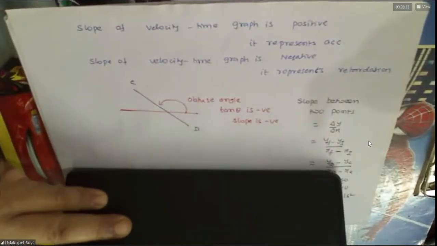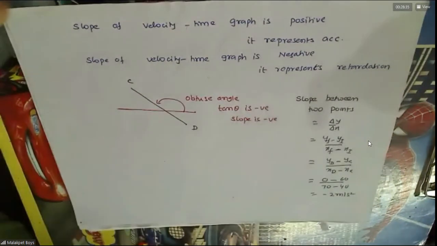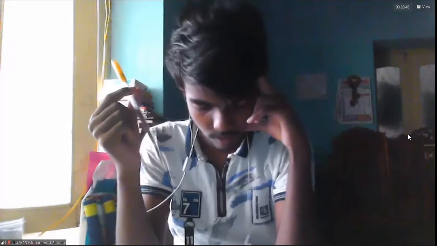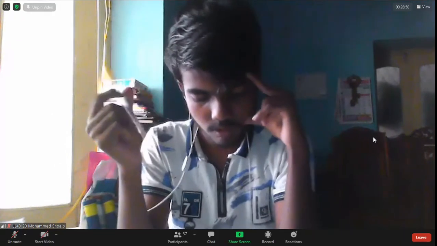Now, what we learned earlier, how do you get the displacement and distance? So, the area under the velocity time graph.